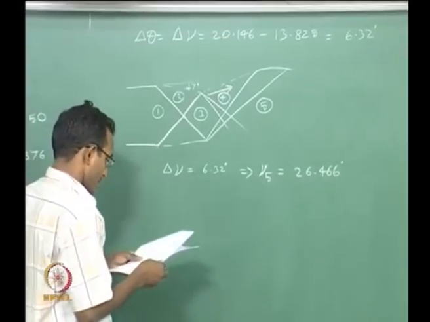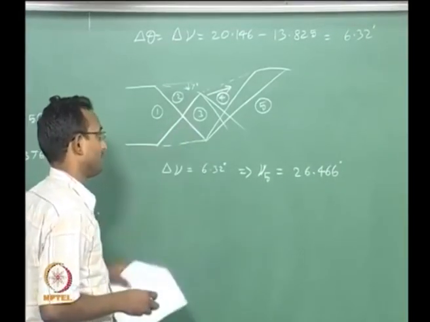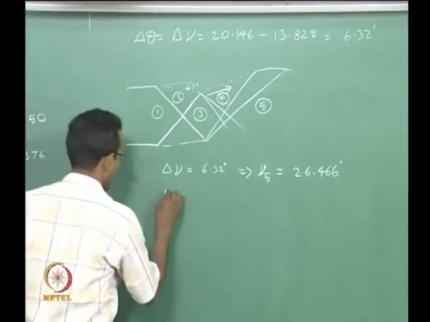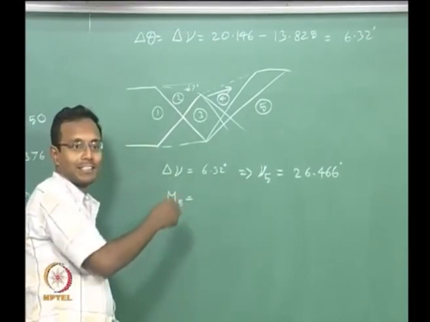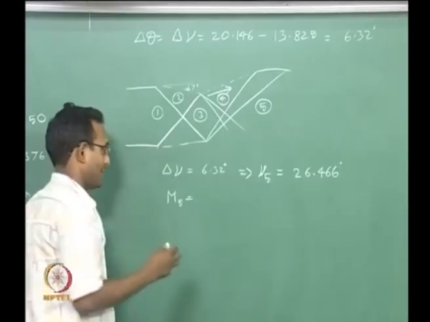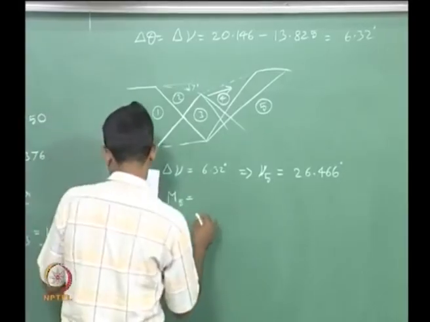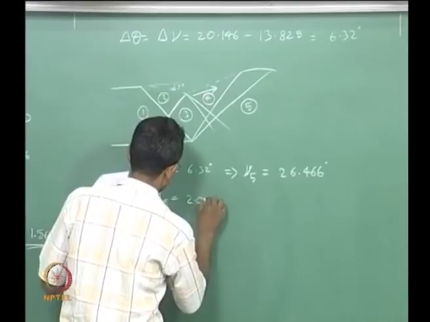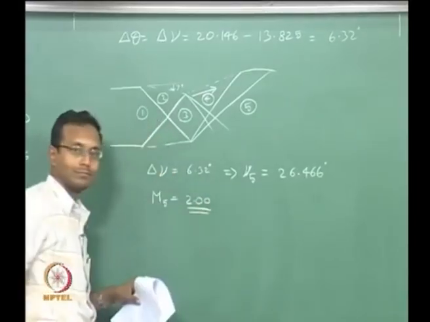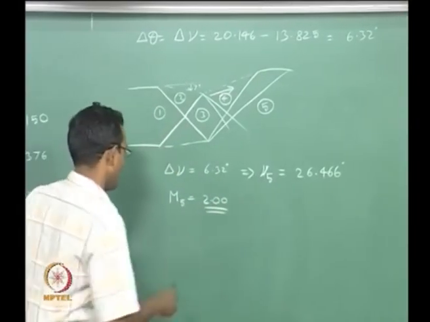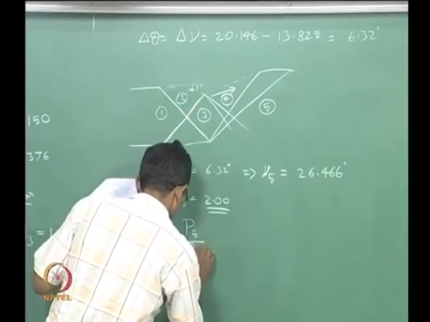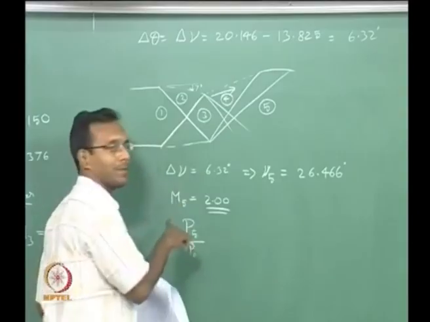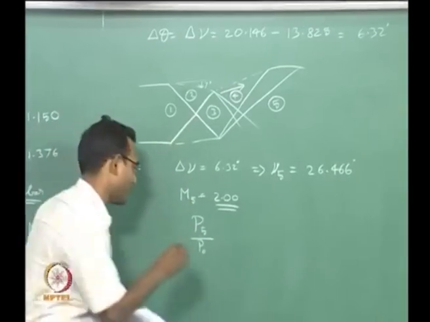Okay. Now I want to find P5. For that I need M5, which is easy to do, right? From the Prandtl-Meyer angle I can just go to my Prandtl-Meyer function tables and get to a Mach number. Mach number happens to be 2.00, which means my P5 by P04 and P05 are the same again. I will put P05 here.